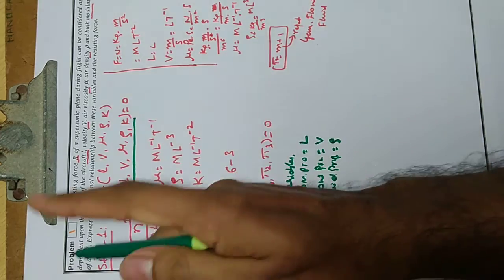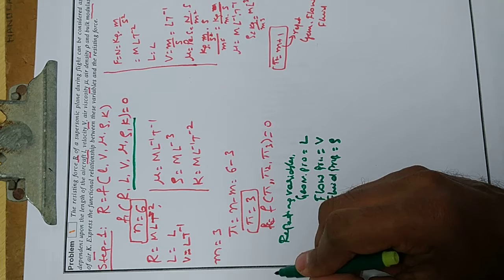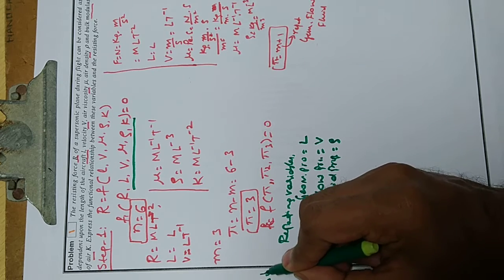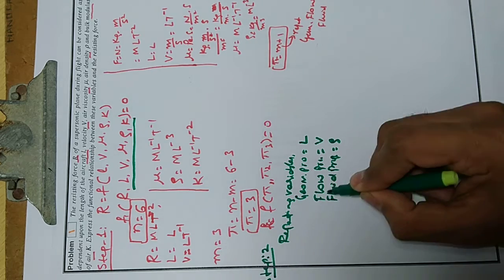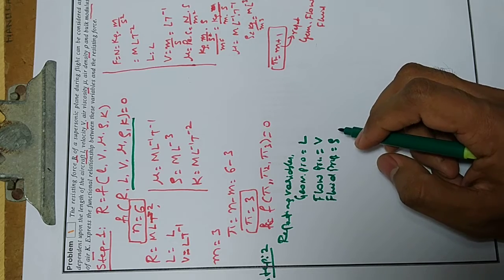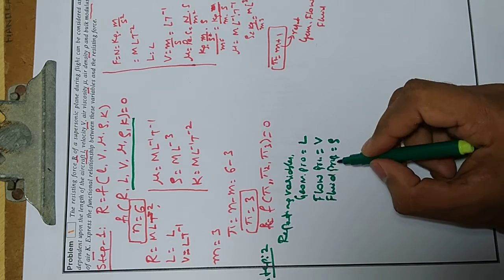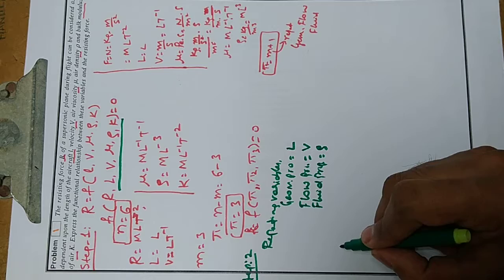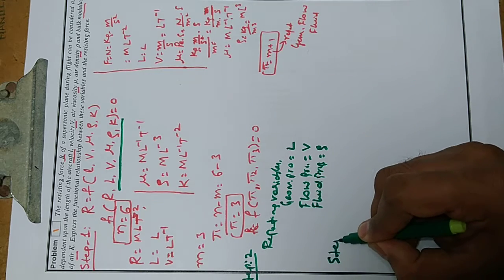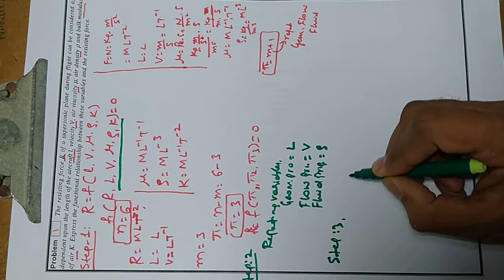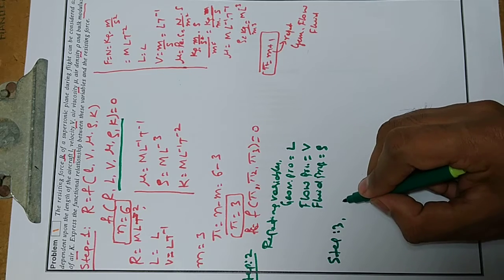This is step 1, and finding the repeating variables is step 2. After finding the repeating variables, step 3 is that we have to write like this.